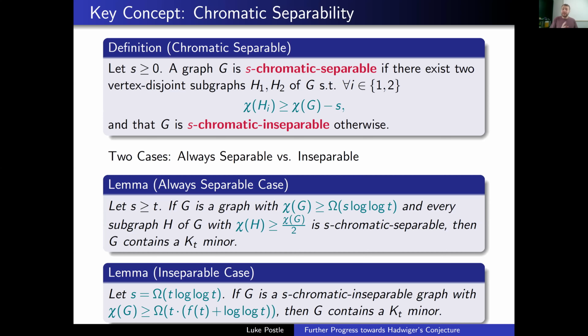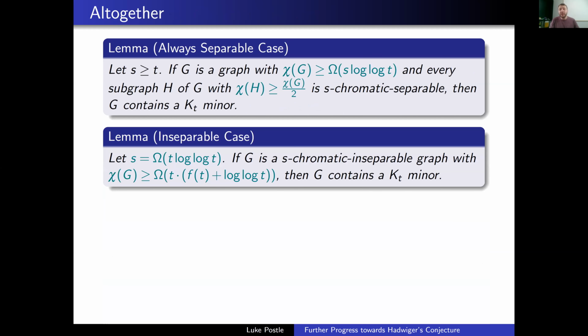In the second case, it's the inseparable one. Let S be omega of t log t, if you're S chromatic inseparable and chi is at least t times f(t) plus log t, so that's where the f(t), that log t to the 6th, comes in. It doesn't show up in the always separable case, just here in the inseparable case, then we'll get a KT minor. So now if we just put these two lemmas together, then you can just prove the theorem.